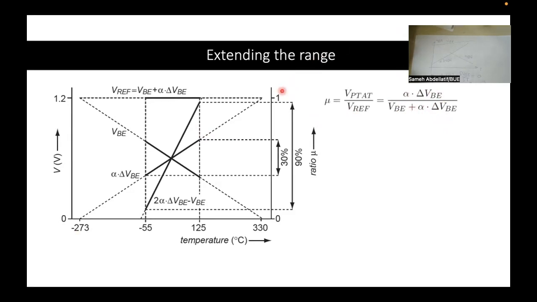But as you can see, my dear students, practically speaking, this is a very wide range with respect to practical measurements. For example, usually when you are going to make a temperature sensor, it's very rare to reach negative 273 Celsius, or it's very rare to reach 300 or 350 Celsius, except if you are putting this in a furnace or something like that.